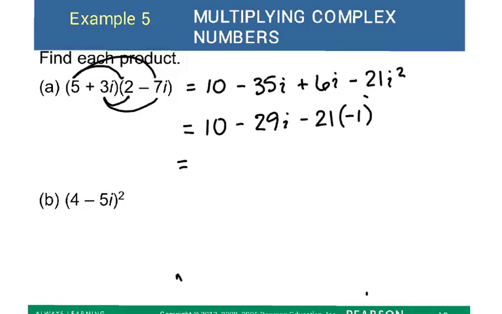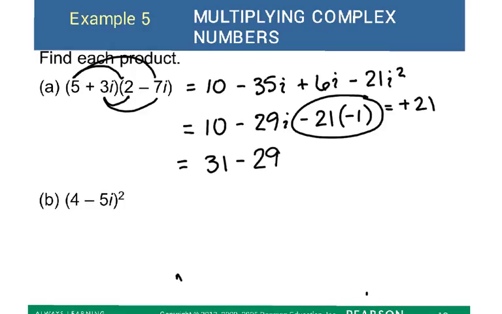So this ends up being positive 21, which ends up being a real number. So we add that real number to our real number here at the beginning, 10, to end up with 31, and then minus our imaginary part, 29i. And there's our solution.